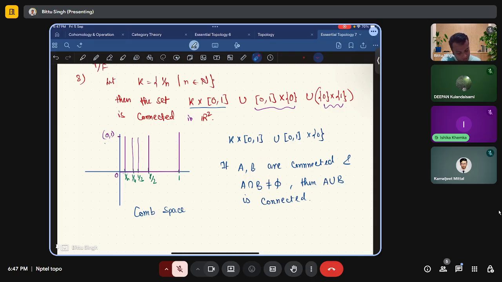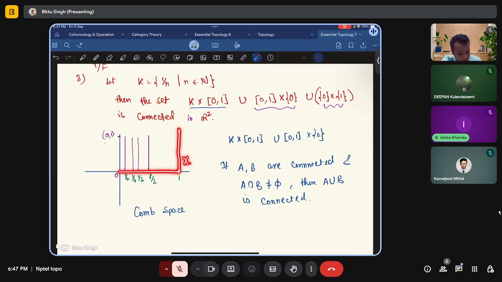So you can see this set can be written as this. First, let us see inductively. This set is connected as this is an interval, and this set is also connected. This is also homeomorphic to an interval. This is also a closed interval, right? Since their intersection is non-empty, this becomes connected.